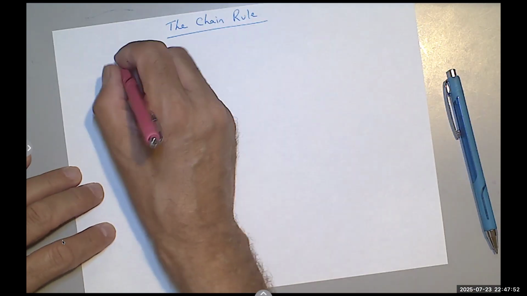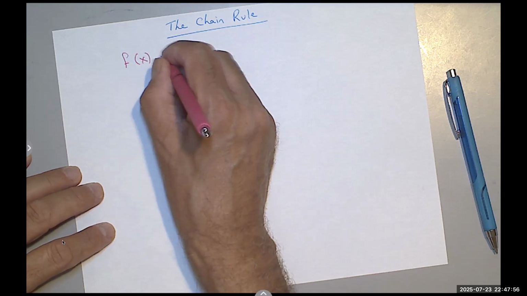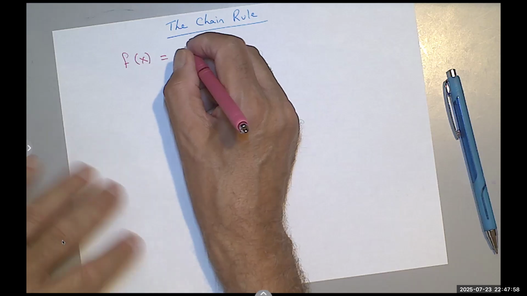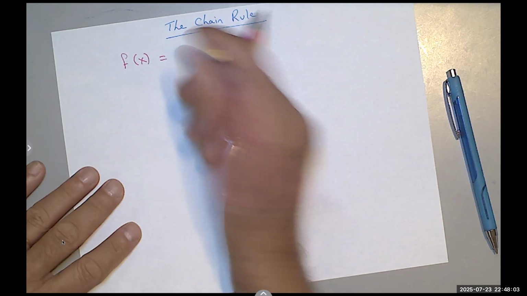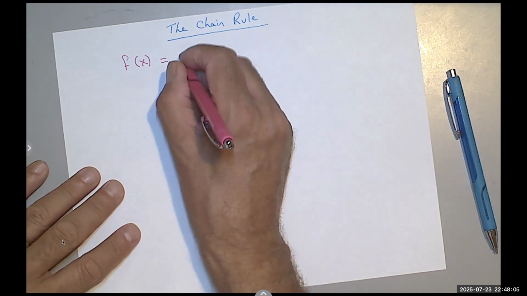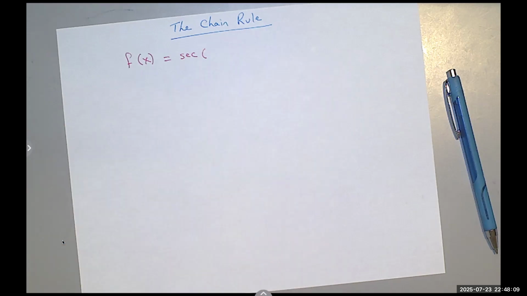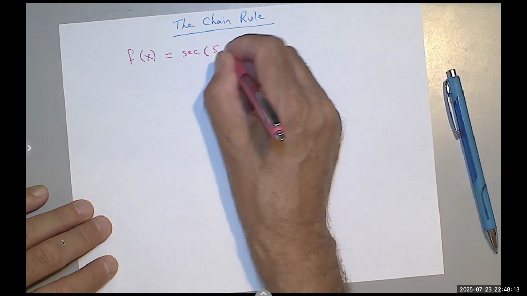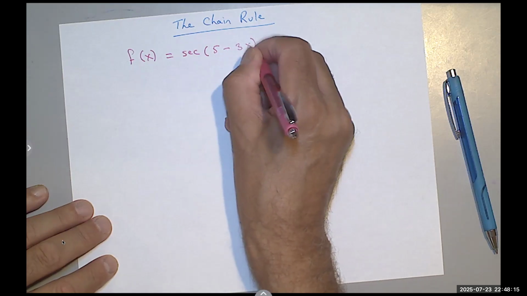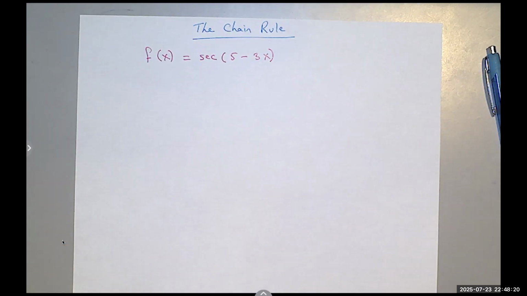So let's say I have a function f of x equals, let's start with a trig function, secant, for example. And then inside, let's start with an easy one first, minus 3x. And I want to find the derivative of that function with respect to x.